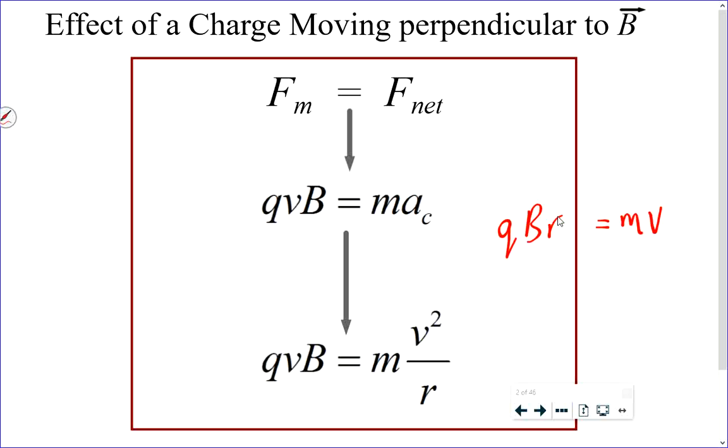You're canceling one of the V's and then you're cross multiplying. The nice thing about that is everything is in a numerator. There's no fractions. So if you want to find any of these, you just divide by whatever's in the way. And that essentially was what we learned yesterday.